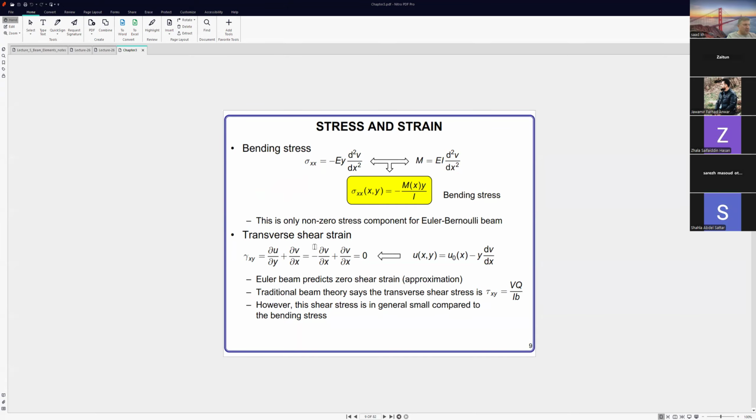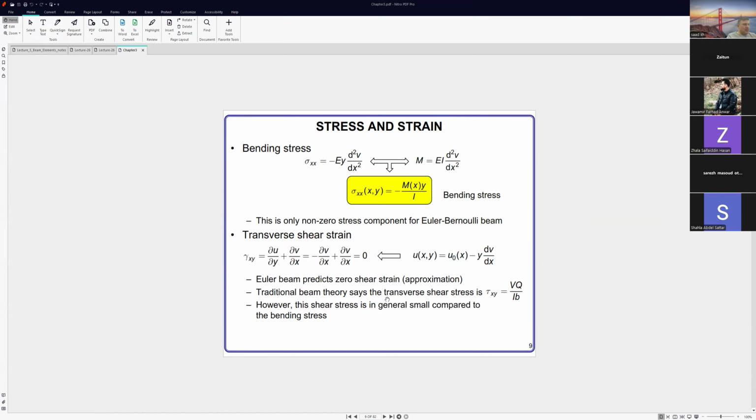We don't have the transverse shear strain, where u of x is u naught minus y dv over dx. So the Euler beam predicts 0 shear strain. We don't have any shear strain approximation.